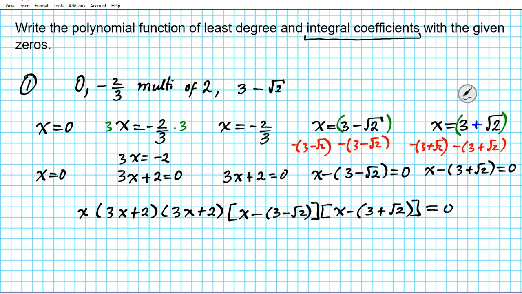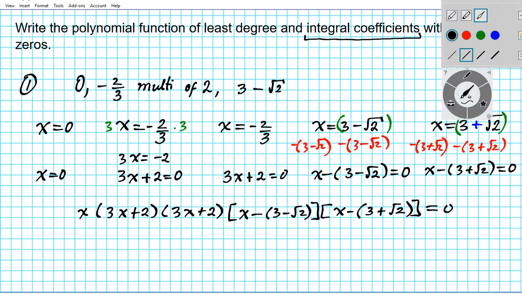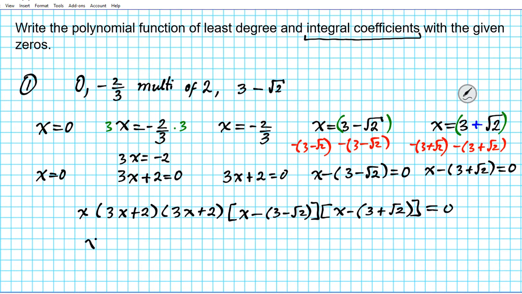Okay, so now that we have it in this format, our goal is to expand this completely to generate the polynomial function with these roots. Some of them are rational, this one is not. Okay, so let's go ahead and start. Now, I'm just going to bring down this x for a minute and then express this as 3x plus 2 squared since it's being multiplied by itself.